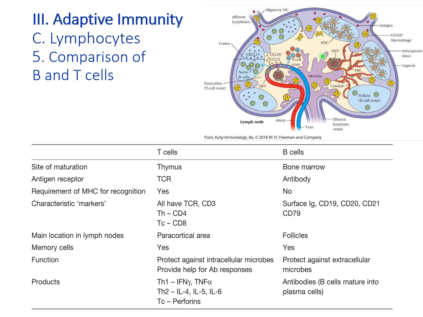B lymphocytes travel into the follicles, and they browse surfaces of follicular dendritic cells. If they do not find antigen, they will also leave the node via the efferent lymphatics.